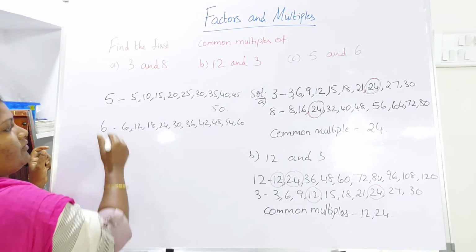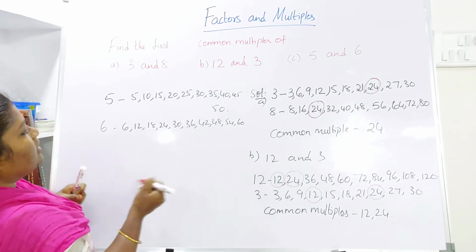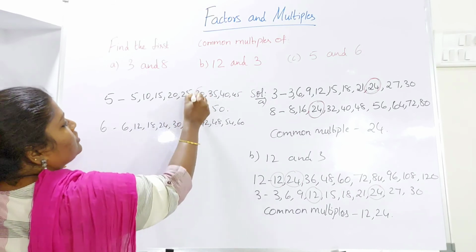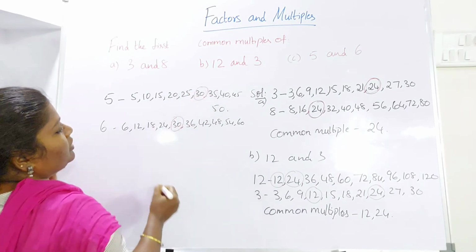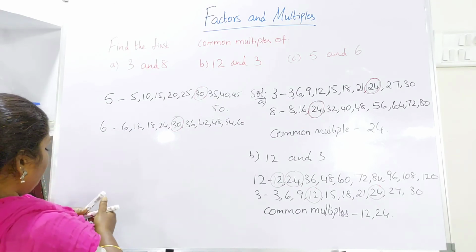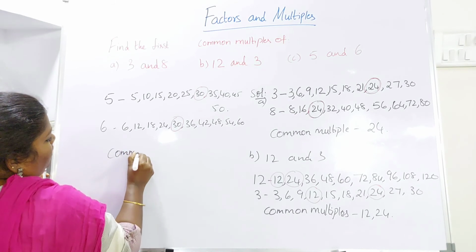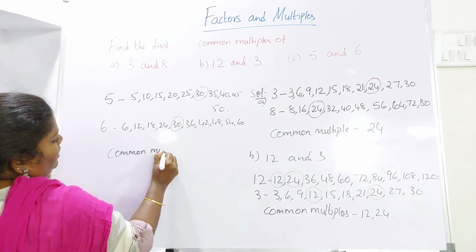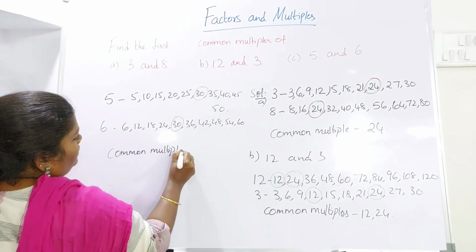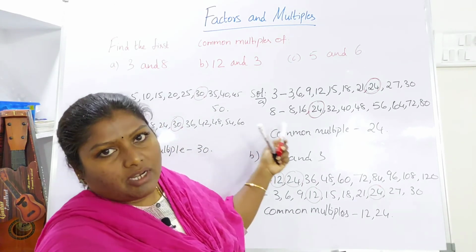Now check which are the common multiples over here. Now you can see the multiple for both of the following. So the common multiple is 30. So this is the normal way of finding out the multiples and writing.